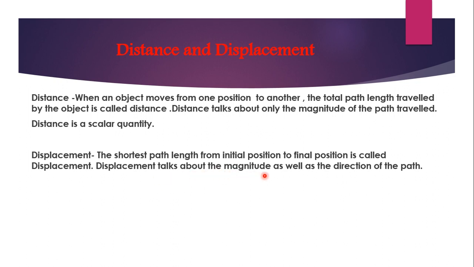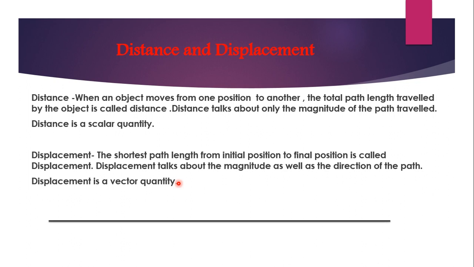Displacement talks about the magnitude as well as the direction of the path, and that is why displacement is called a vector quantity. Scalar quantities are those physical quantities which only talk about the magnitude. Vector quantities are those physical quantities which talk about magnitude as well as the direction of the motion.